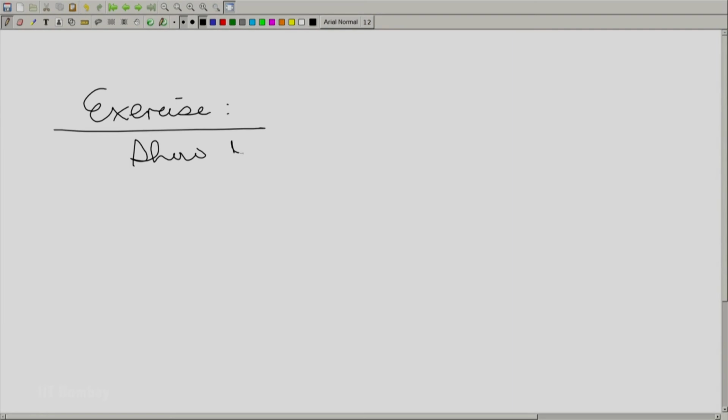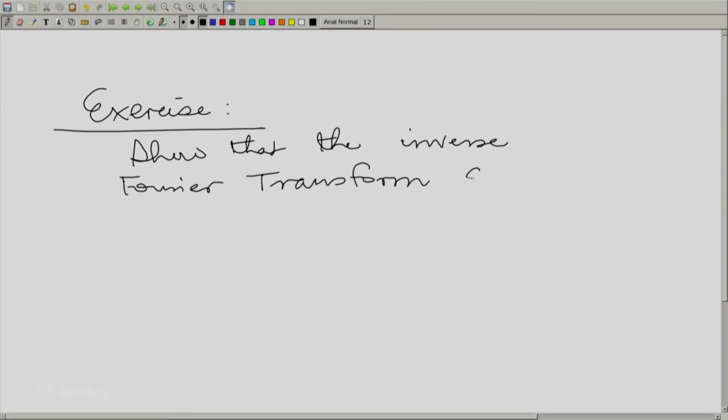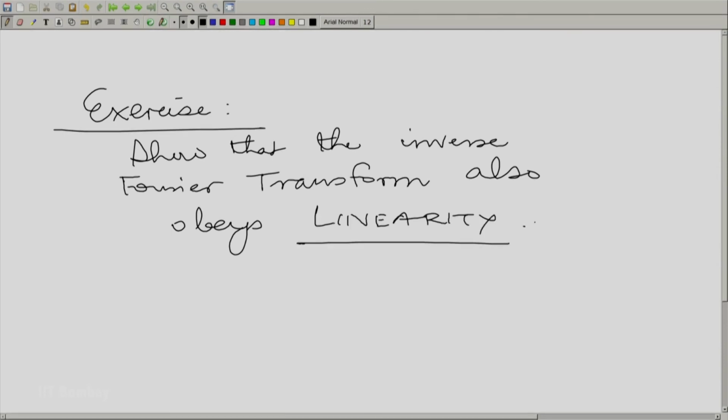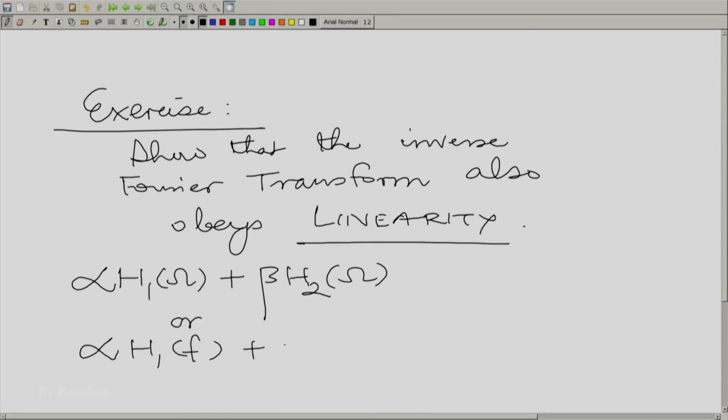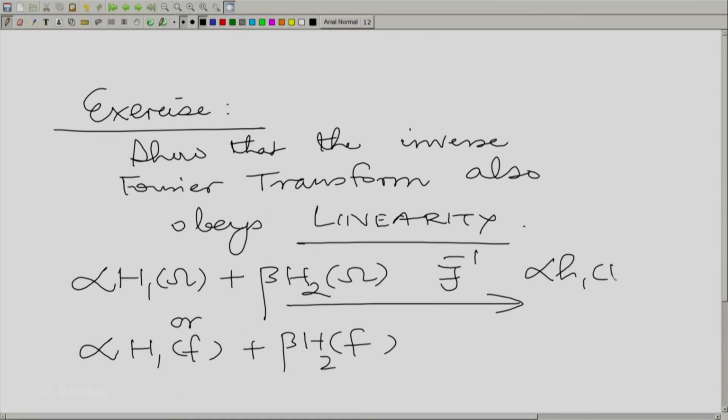Show that the inverse Fourier transform also obeys linearity. In other words, alpha times H1(omega) plus beta times H2(omega), or correspondingly with the cycles per second frequency, would have the Fourier inverse alpha times h1(t) plus beta times h2(t).